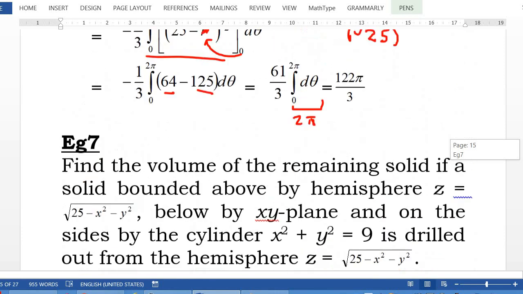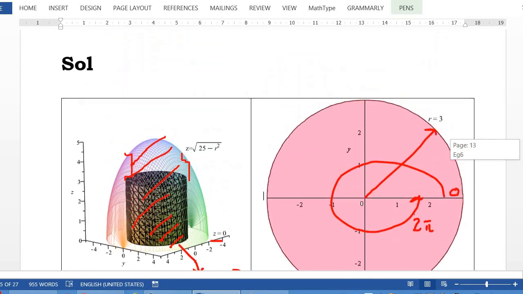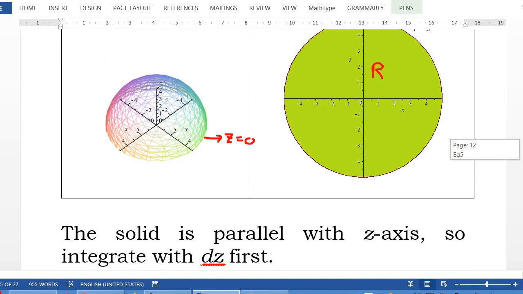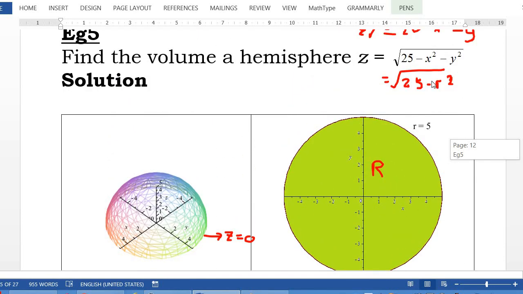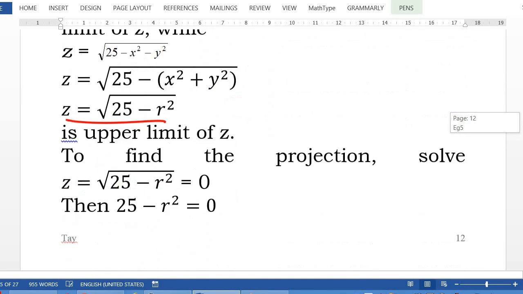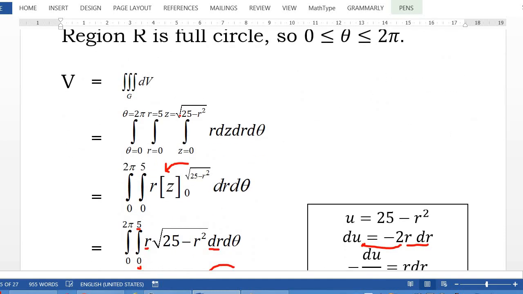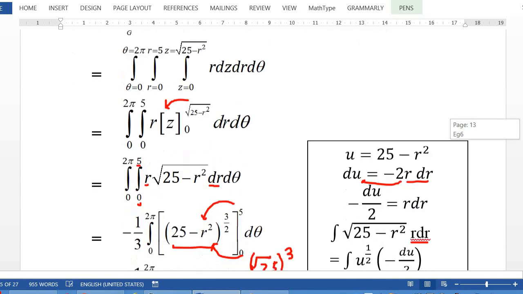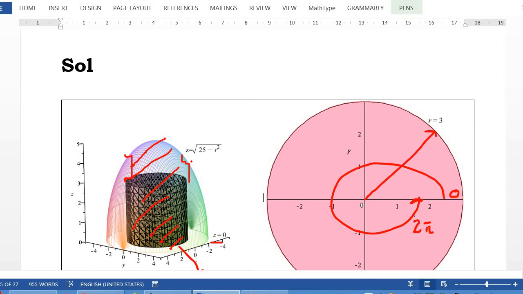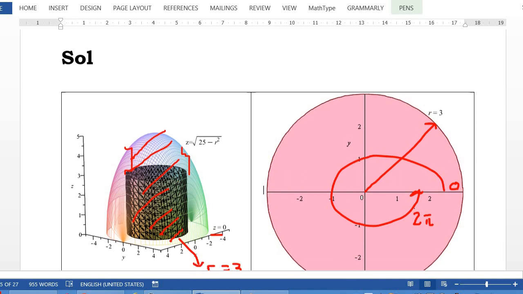Comparing these two examples, the volume of the hemisphere with z equals square root of 25 minus x squared minus y squared has r from 0 to 5, and the limits of theta and z are the same. It is the same hemisphere, however it is bounded by a side cylinder r equal to 3.